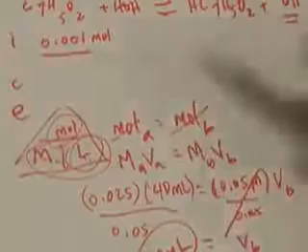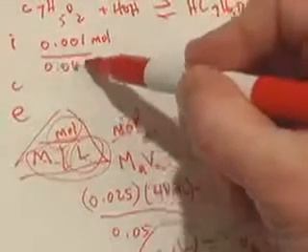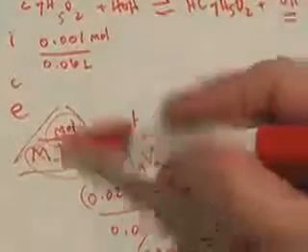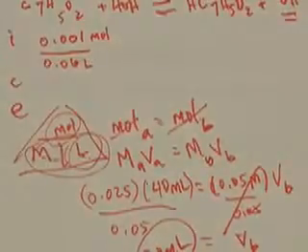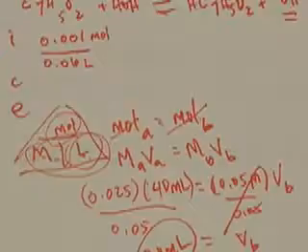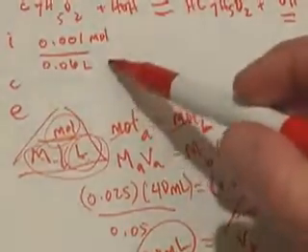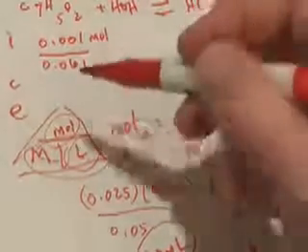Now I can take my moles that I have, going back to the ice table, 0.001, and divide it by my 60 milliliters, or 0.06 liters, because remember, moles divided by liters gives me my molarity. And if I take 0.001 divided by 0.06, I have a starting molarity of 0.01667.